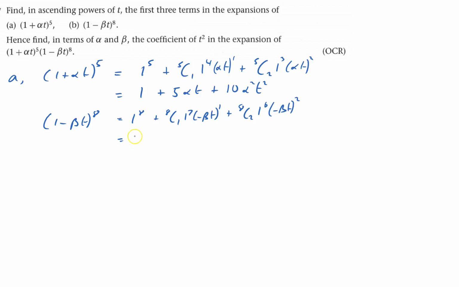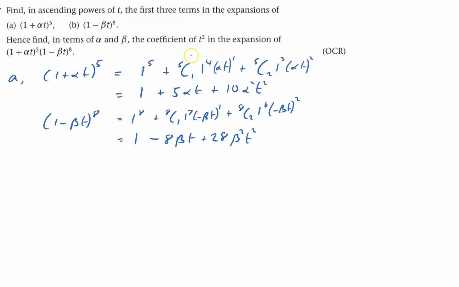That equals 1, and this is going to be minus, so it'll be minus 8 beta t, and then that's 28, so it's plus 28 because negative beta squared is positive beta squared, so it's beta squared t squared. So I've done the first bit.